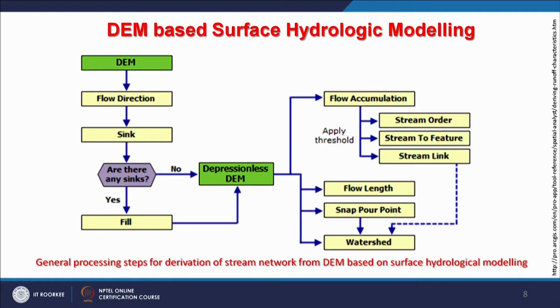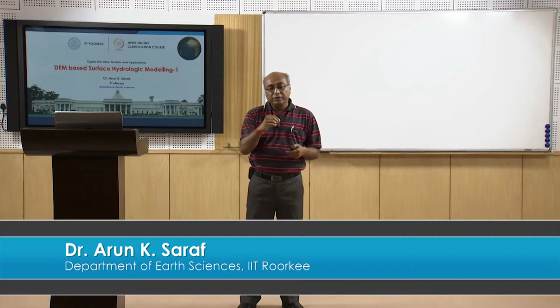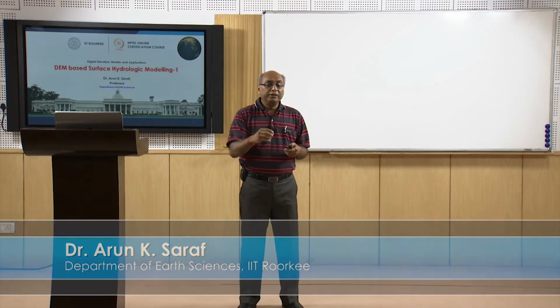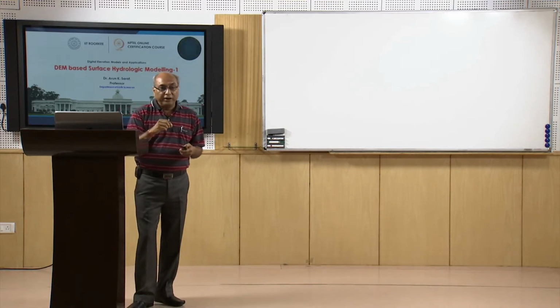It cannot remain in one place, because surface hydrologic modeling assumes that water has to flow on the surface as surface runoff, and therefore these sinks have to be identified, and later, if they are there, they have to be filled.